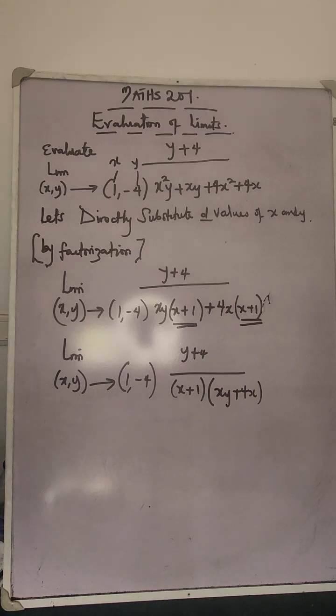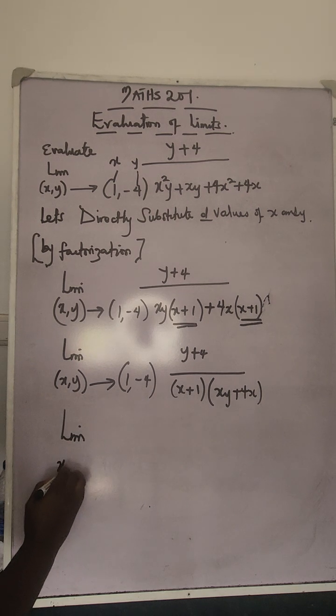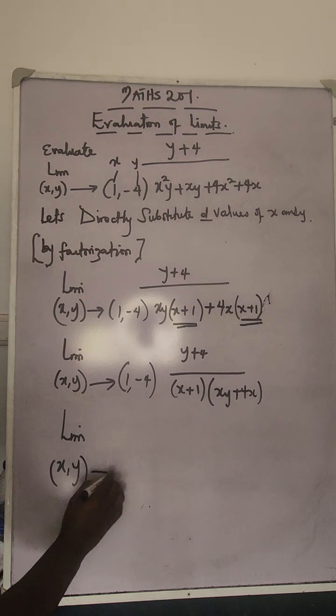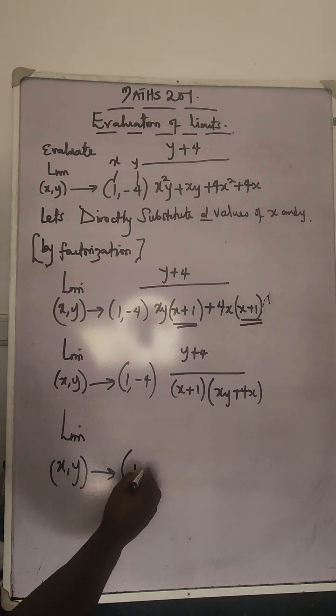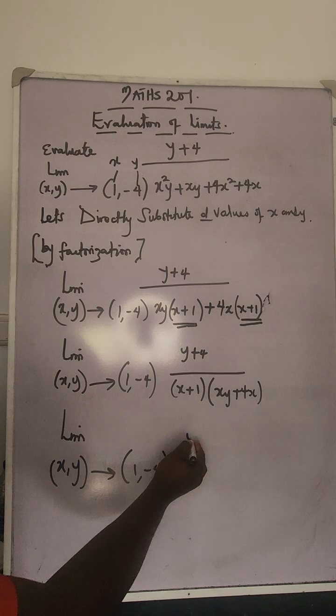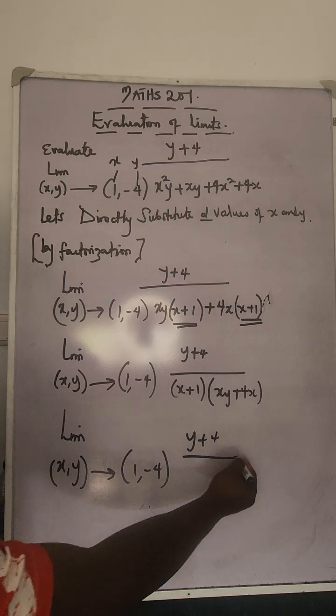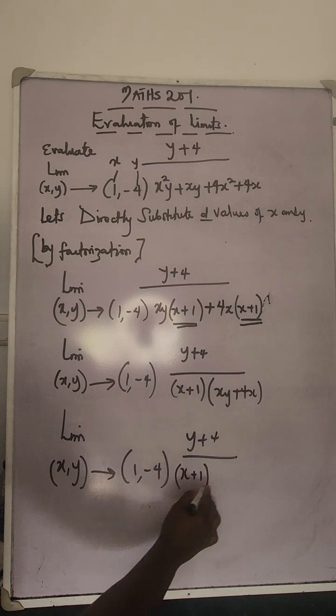And so we now have the limit as (x, y) approaches (1, -4) of (y + 4) over (x + 1) into the bracket.